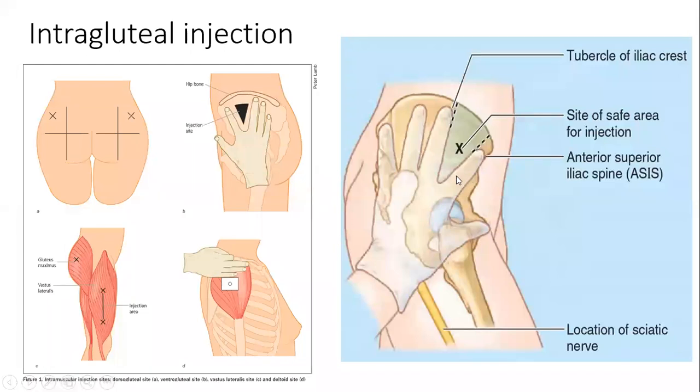You remember that we had divided the gluteal region into 4 quadrants, right? 2 lateral or anterior and 2 medial or posterior quadrants, upper and lower, on both sides. So look at the site of the intramuscular injection. The site for the intramuscular injection is the upper outer, upper lateral or upper anterior quadrant.